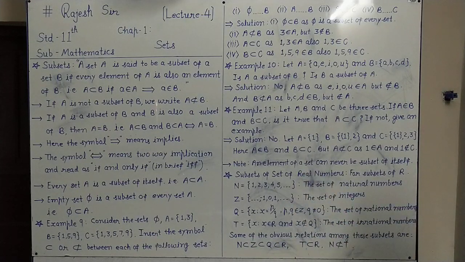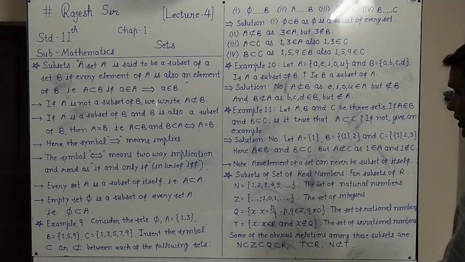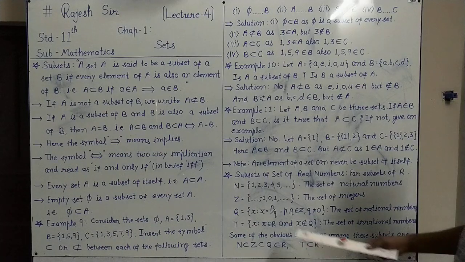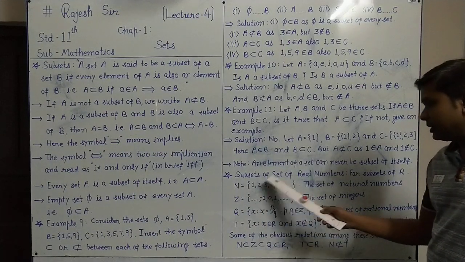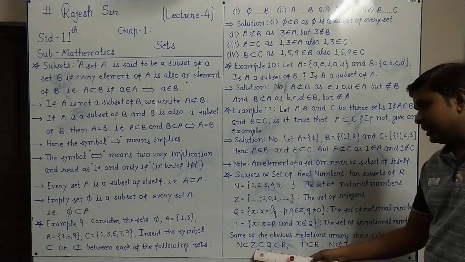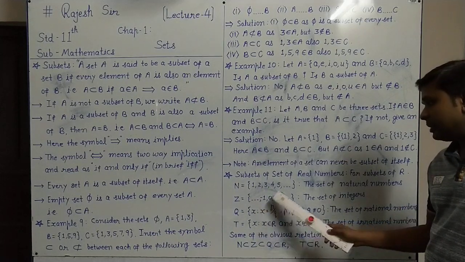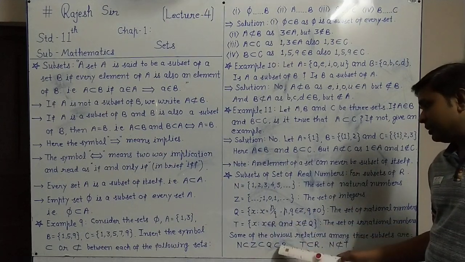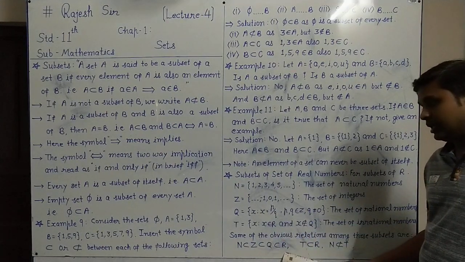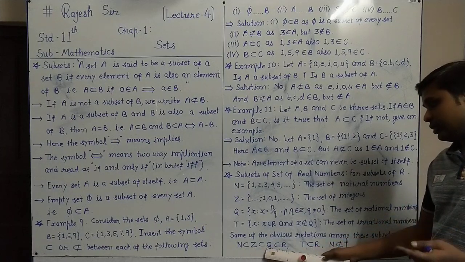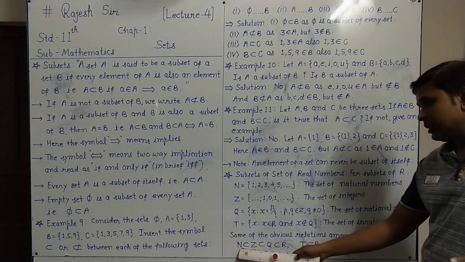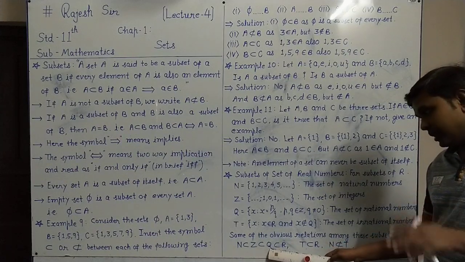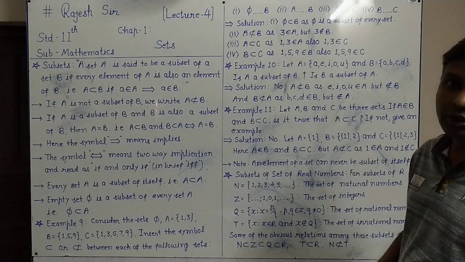From all these, and by the knowledge of subsets, some of the obvious relations among these subsets are: every N element is in Z, so N is a subset of Z, and every Z element is in Q, so Z is a subset of Q, and every Q element is in real number R. So N subset Z, subset Q, subset R. Means natural numbers are subsets of integers, integers are subsets of rational numbers, and rational numbers are subsets of real numbers.